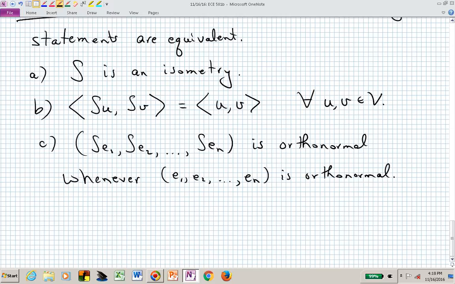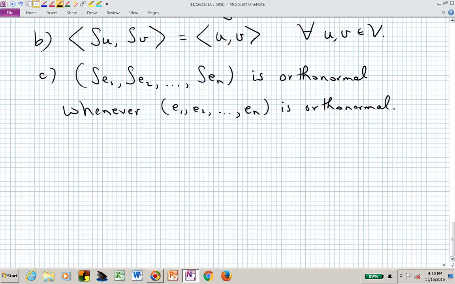Now we have a new set of vectors, SE1, SE2, up through SEN. Well, if we plug it into B, those immediately become just like this other set, E1 through E sub n, and that set was orthonormal. So we now know that SE1 through SE sub n is orthonormal by statement B, since it preserves inner products.